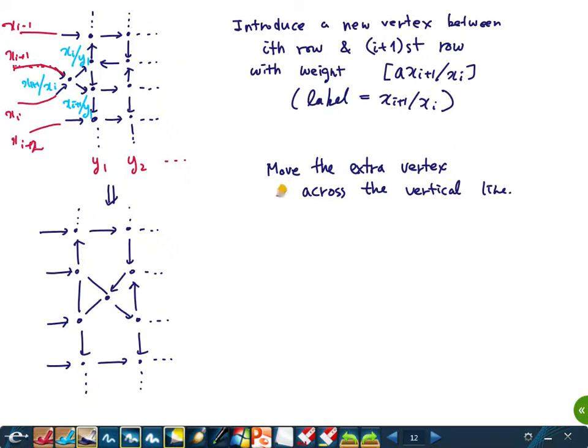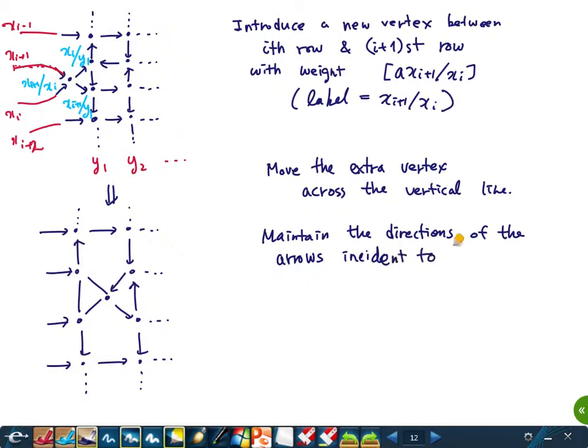When we move this dot across the vertical line, we're going to maintain the directions of the arrows incident to the vertices of the triangle.